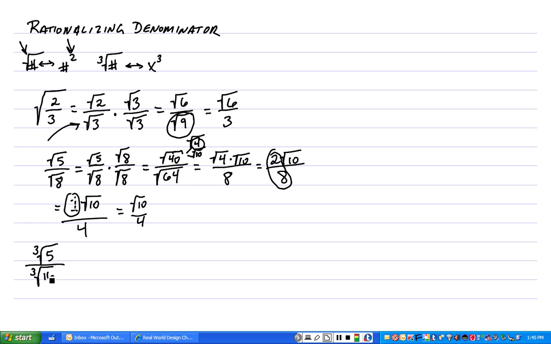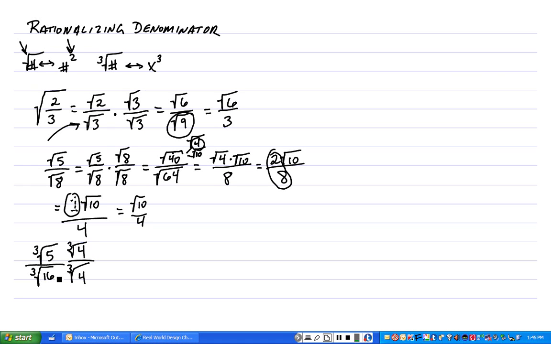If I notice, 16 is actually a perfect square. So 16 is like saying I've already taken the number 4 and multiplied it by itself twice. So now to cube it, let me do it a third time. And whatever I do in the denominator, I must do in the numerator.